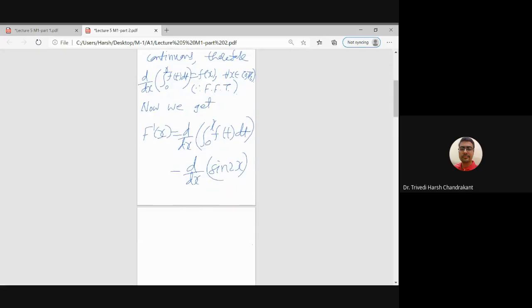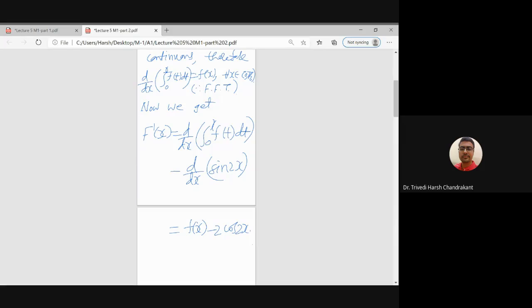So now if we use the first fundamental theorem, what we get is f of x minus 2 cosine 2x. Right. So that is what we get.